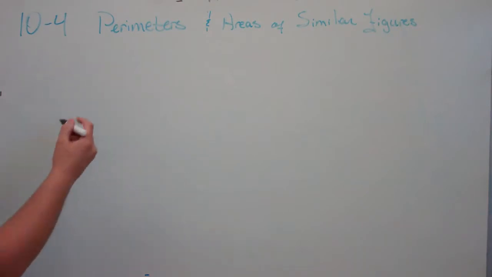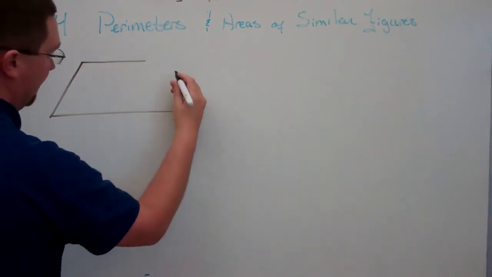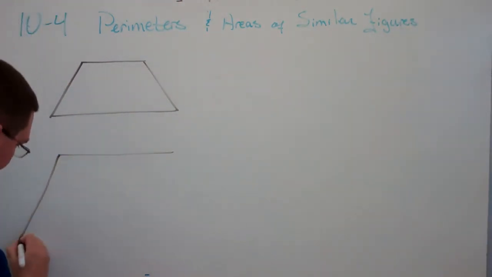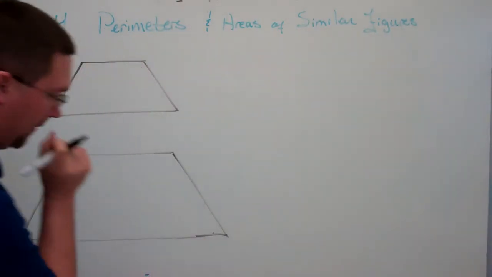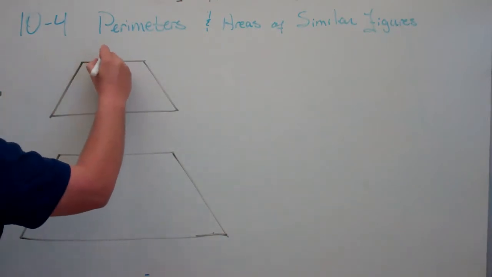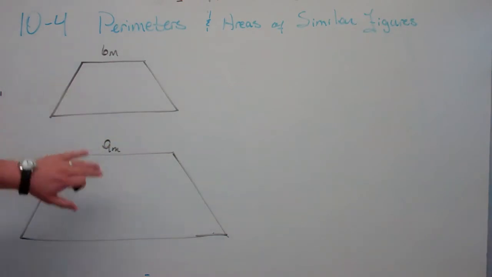Alright, so say we have two trapezoids. We have that one, and then we have this bigger one. If this is 6 meters, this is 9 meters, and we already know these are similar.